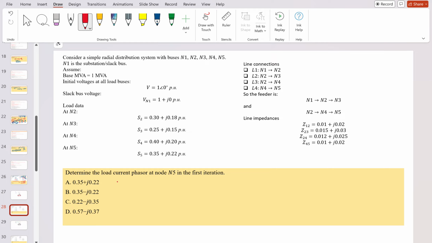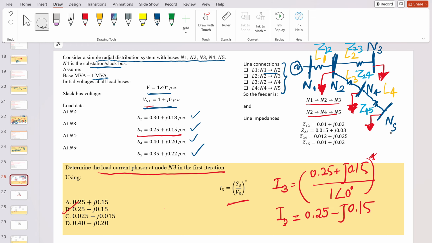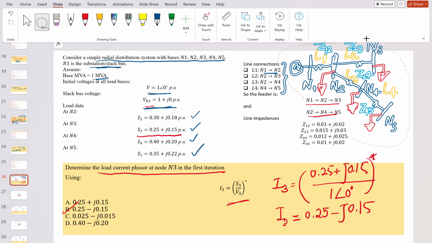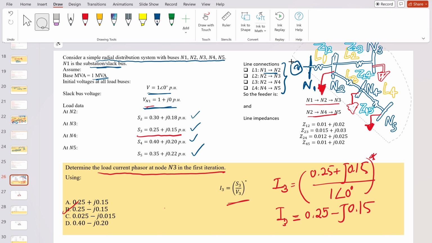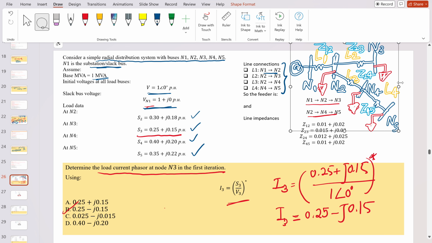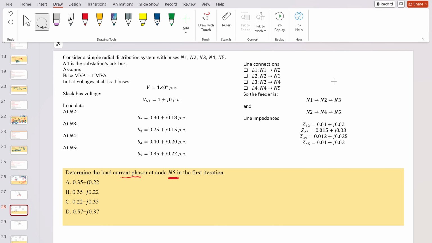Try to find the current phasor at node 5 in the first iteration. Try to solve this.